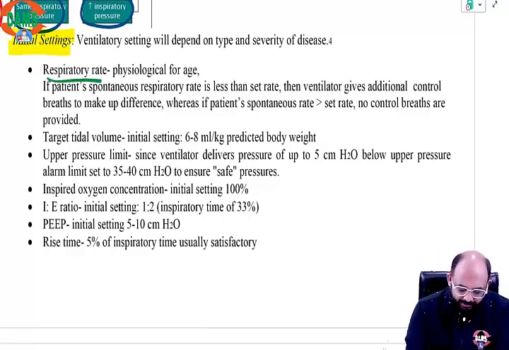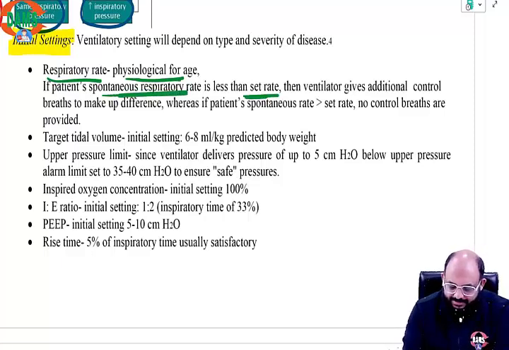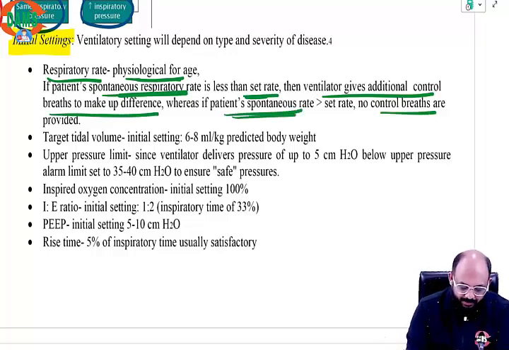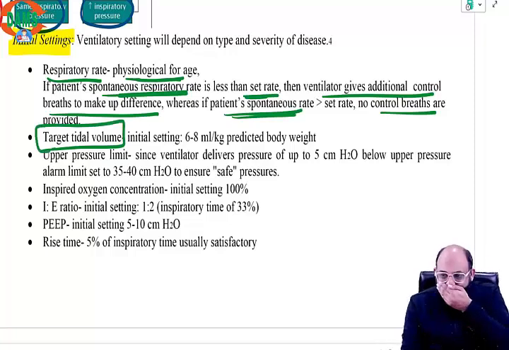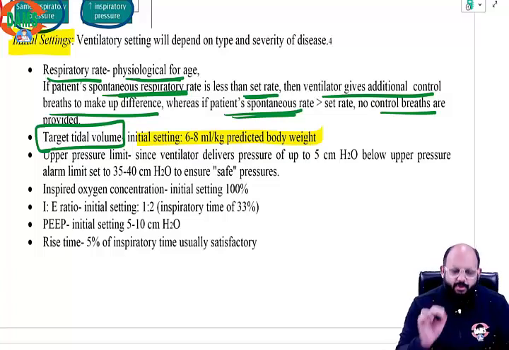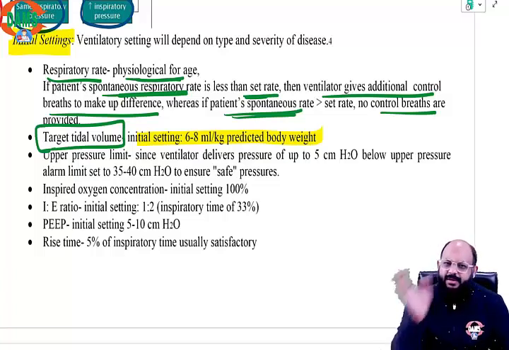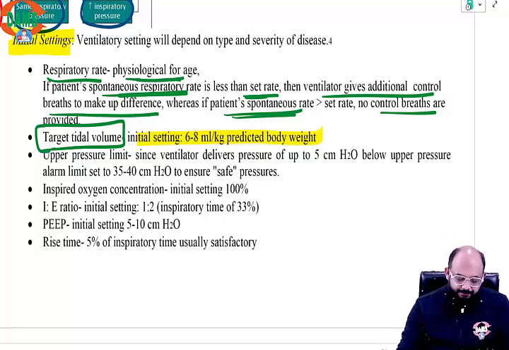Now, respiratory rate is physiological for the age. If the patient's spontaneous respiratory rate is less than the set rate, the ventilator gives additional control breaths to make up the difference. If it is more, then no control breaths. Target tidal volume is usually, excuse me, 6 to 8 ml per kg predicted body weight. We have discussed all these things in the last session.